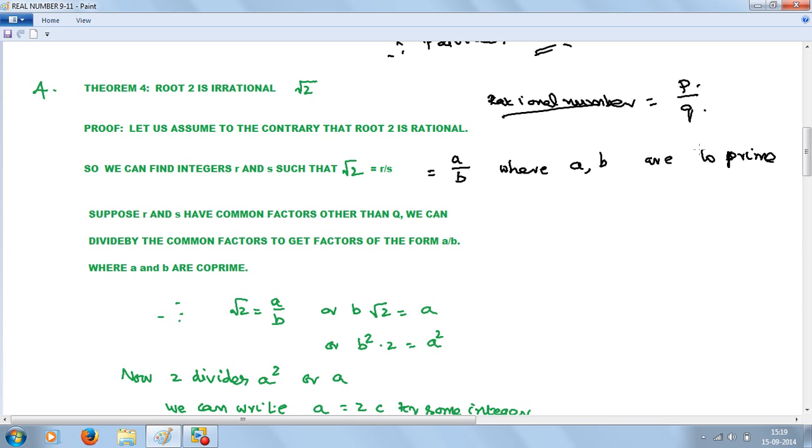Co-prime means they contain separate prime numbers, there is no common prime between a and b. So common factors we can cancel and make it in the form of a by b. So root 2 is equal to a by b.